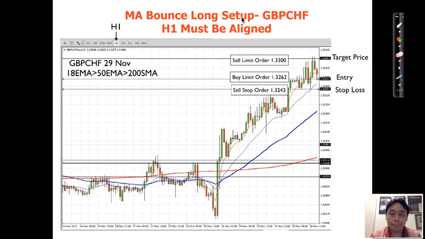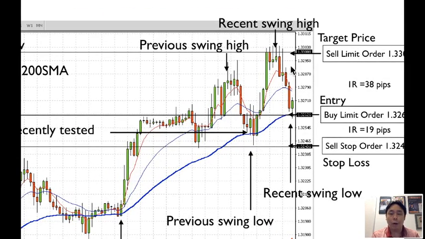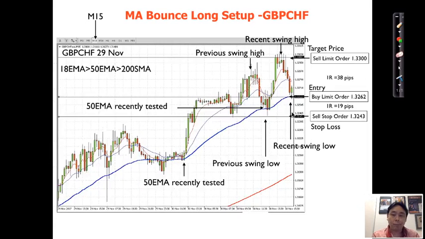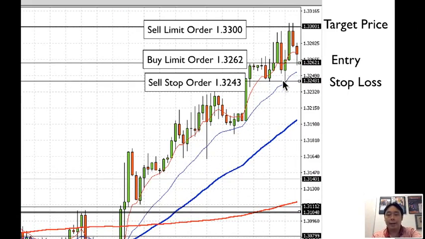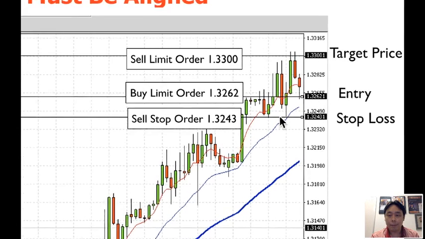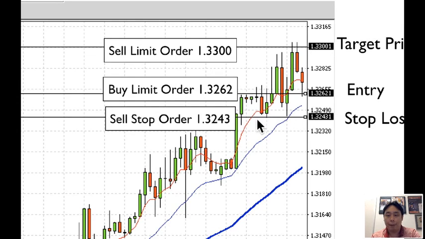Now, when you draw lines to indicate your entry price, which is this black line here, your profit target price, and your stop loss price, you have these three lines that you draw. Once you click on H1, these three lines would still be there. You can see that on the hourly candles, my stop loss, this black line here, is below the 18 EMA on the H1 candles.